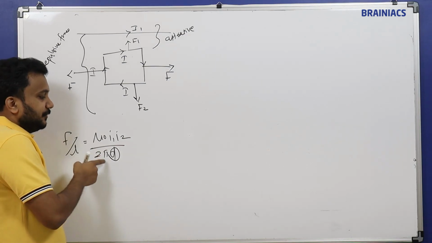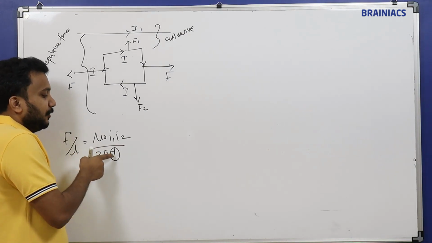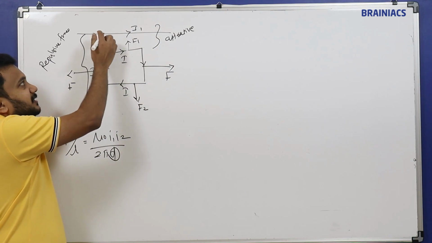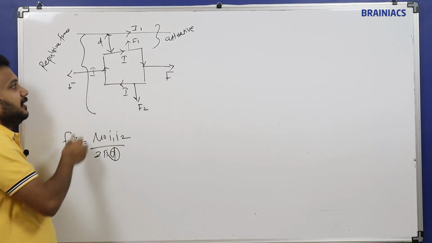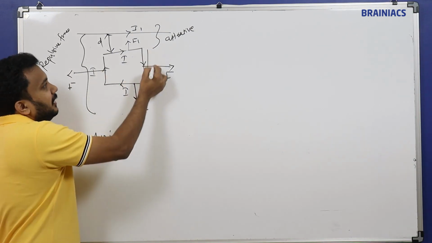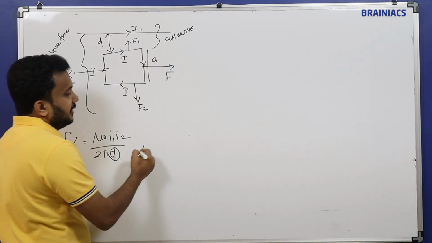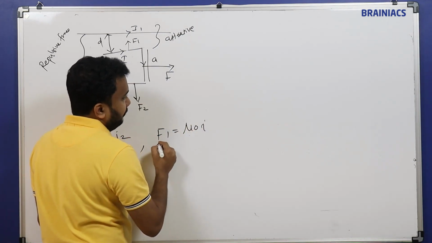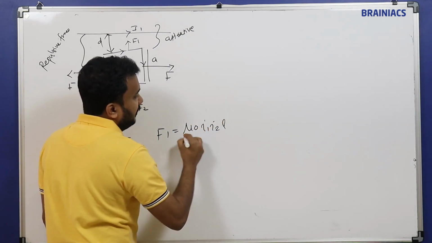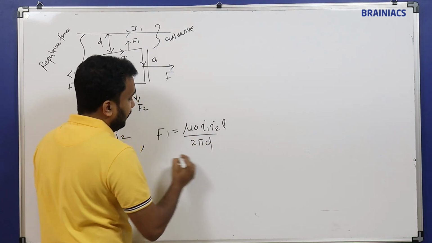So if you substitute this in the formula for the attractive force, the distance is only d. If the square loop has a side length of A, then F1 will be equal to mu 0 I1 I2 into L divided by 2 pi d.